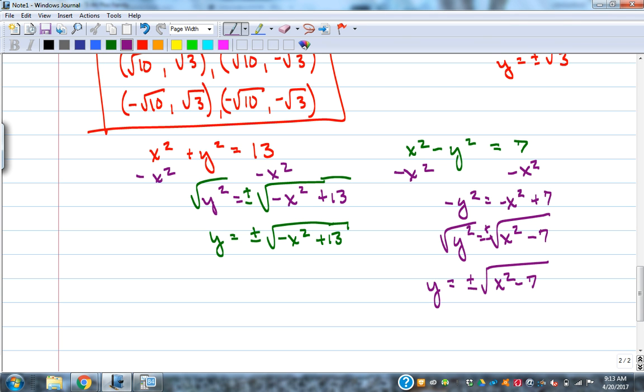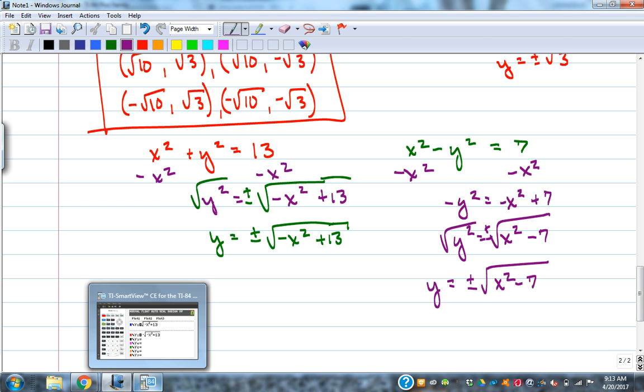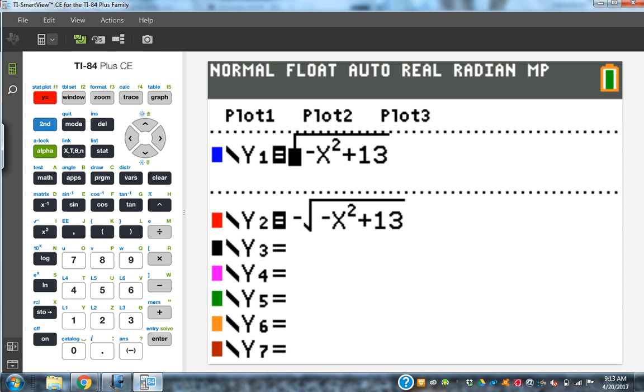Okay, so when you go to graph that, you've got to graph the positive side and the negative side. So it would be handy to have a color calculator. It is, but it's not necessary. If you need to look at individual pieces, it is, but we're looking for where they're crossing, so it really doesn't benefit you any. It's good for teaching, because I can tell you, okay, this is the positive side, this is the negative side, but you're just looking for the picture.